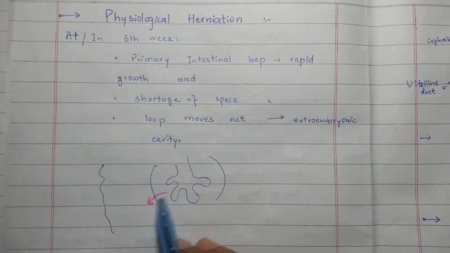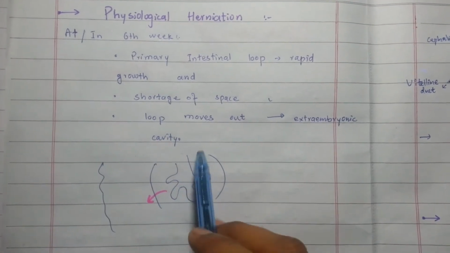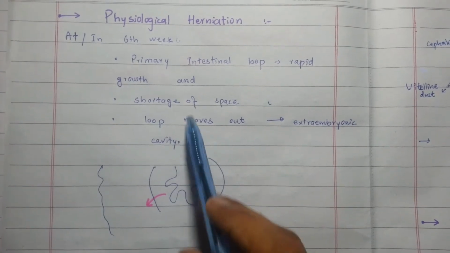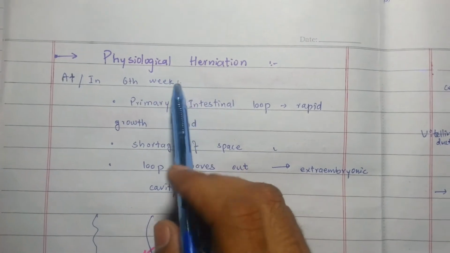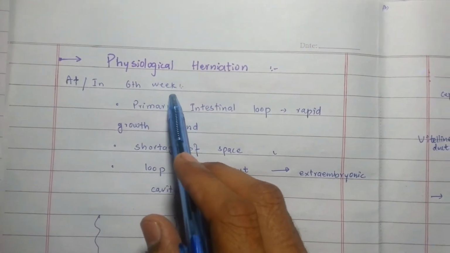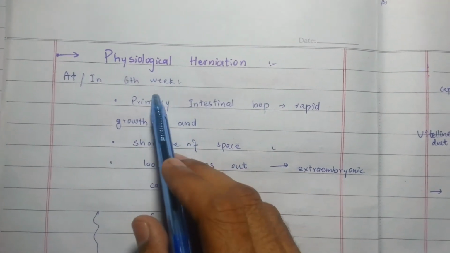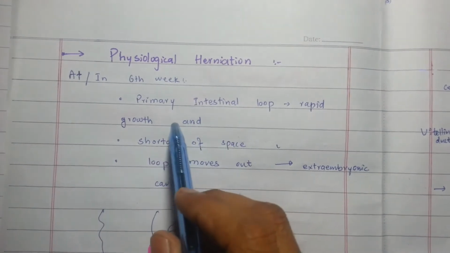This shows the extraembryonic cavity, and this process is called physiological herniation. This is not pathological herniation, as this is a normal developmental process and it is not harmful.